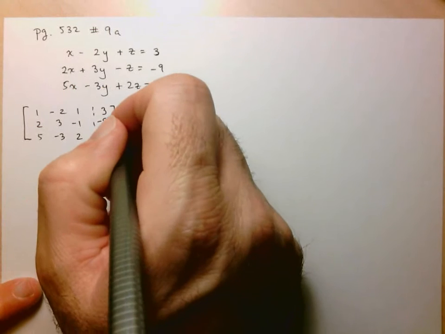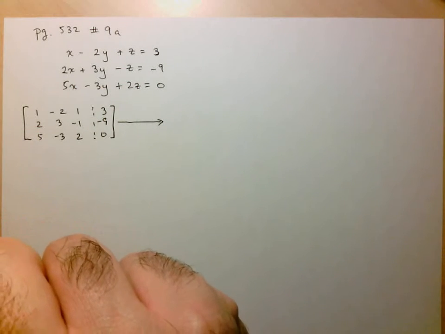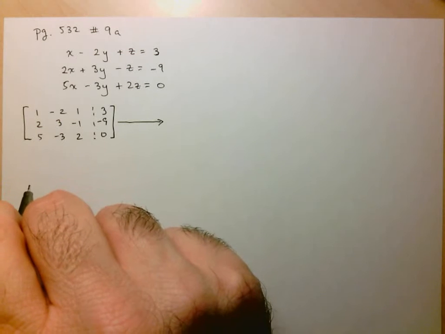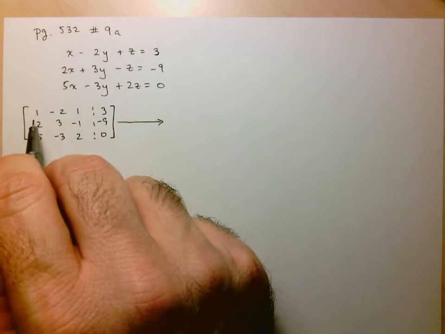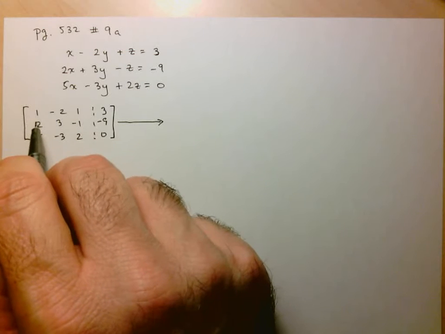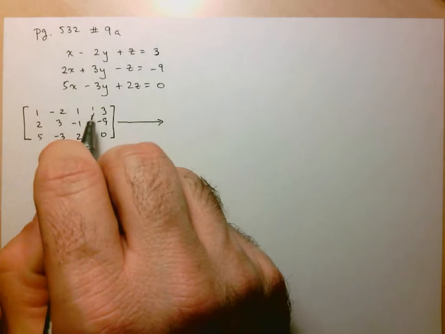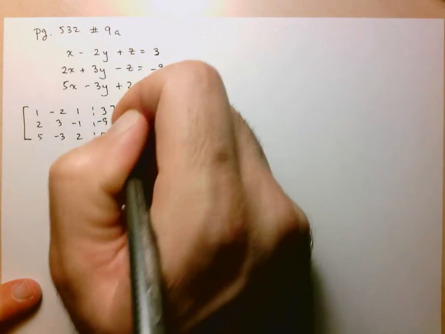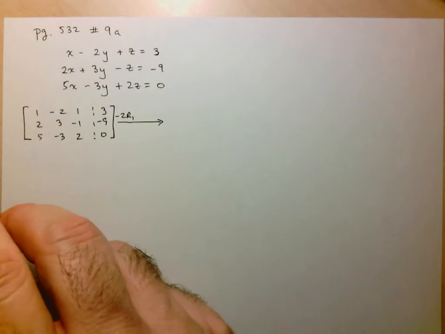Now let's start eliminating those terms. I strongly suggest that you're always adding rows together. Multiply a row by whatever it takes so that you can add rows to eliminate what you have to eliminate. Here I'm going to multiply row 1 by -2, because that's going to allow me to eliminate that 2 in the second row.